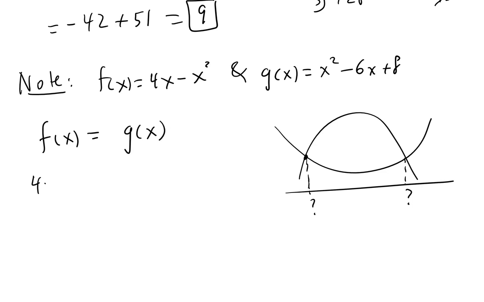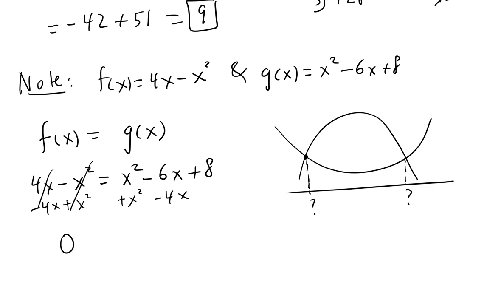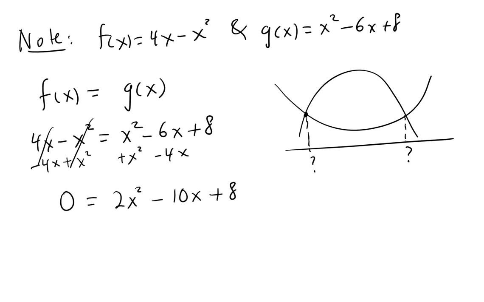And so I have 4x minus x squared equals x squared minus 6x plus 8. And we need to solve this equation. It's quadratic, so I'm going to add x squared to both sides and subtract 4x on both sides. We get 0 equals 2x squared minus 10x plus 8. Everything is divisible by 2.